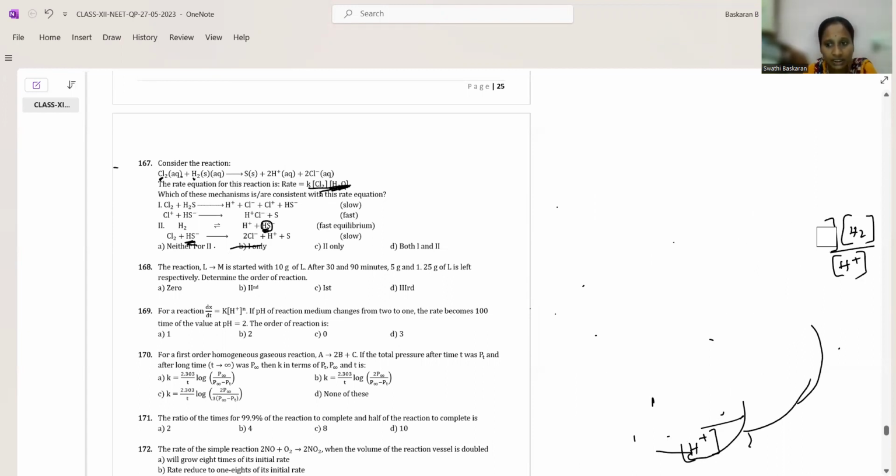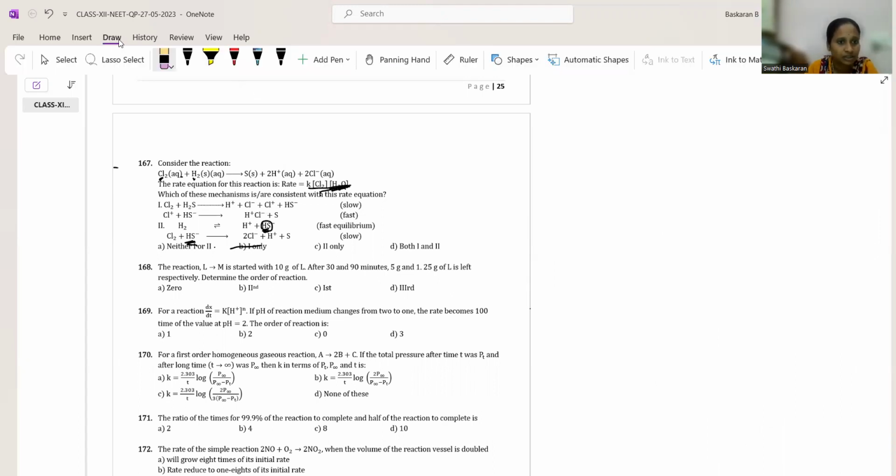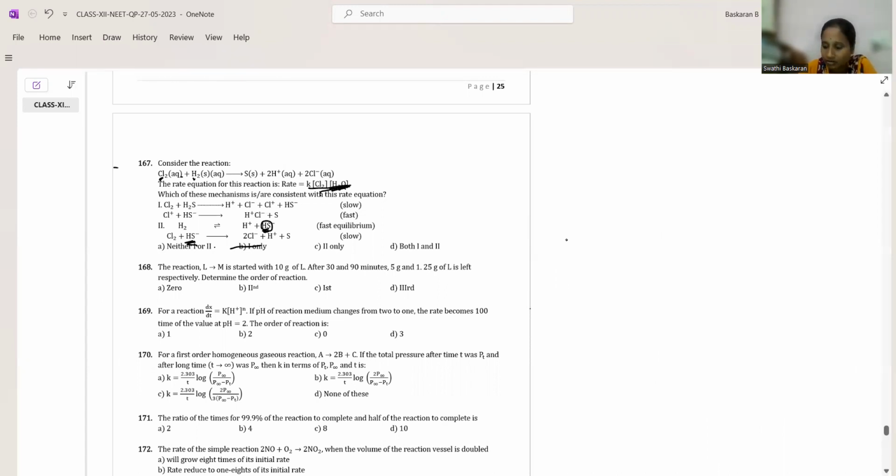168 is saying that the reaction L to M, that is L, the reactant molecule, is converting into M. Okay, a hypothetical reaction. In the question they have given the initial L value, 10 grams.